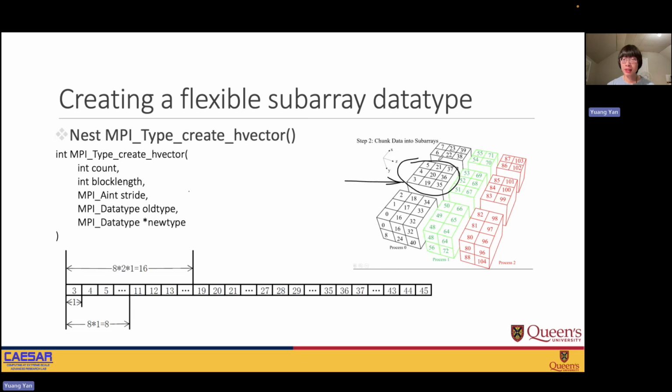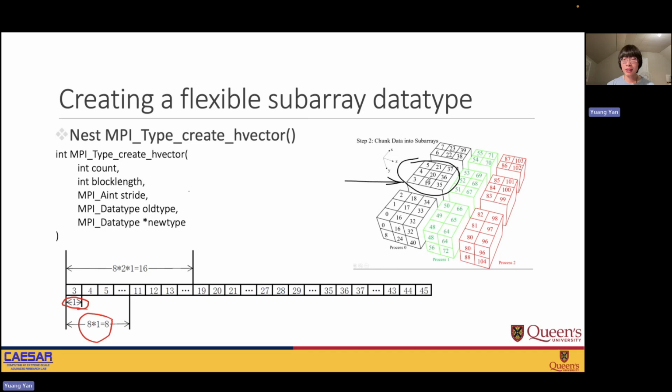Here we take this chunk, the second chunk of the first process that is going to send to another process. For the conventional order, the x-axis elements are aligned close to each other, so they have the minimal stride, which is 1. For the second storage order, which is y, we have the middle-sized stride, which is 8.